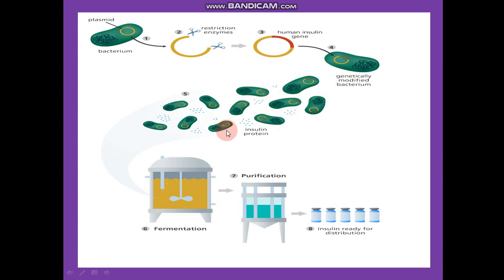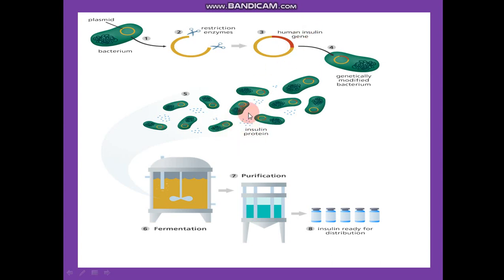Then this modified bacterium is allowed to grow in a culture medium, of course, so that multiple copies are created, and every time these multiple copies are produced, they will be producing insulin. The byproduct of this DNA insert will be insulin, because this gene was responsible for production of insulin. So when it was introduced into the bacteria, it starts producing insulin, and the composition of this insulin is the same as that which is produced inside humans.